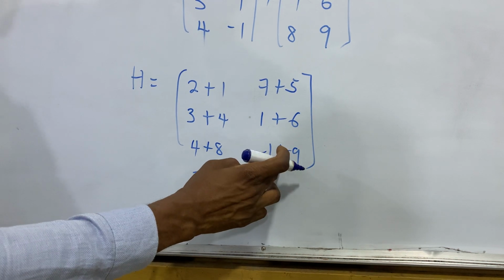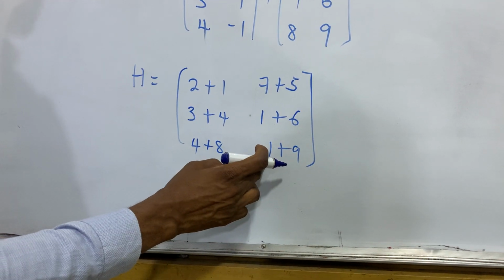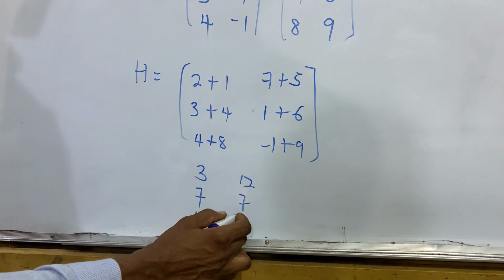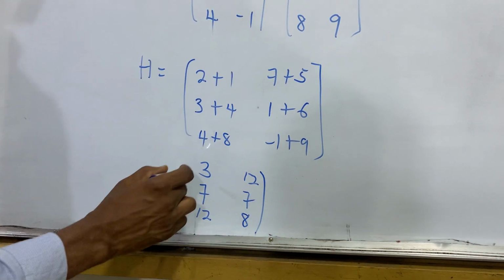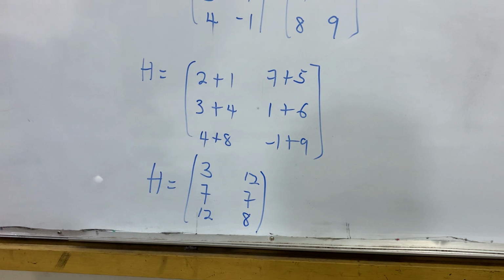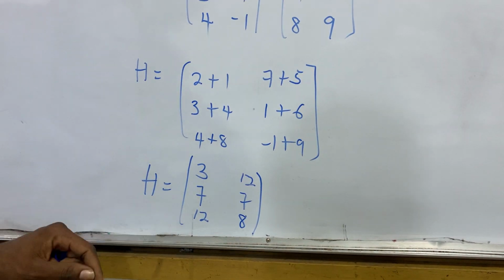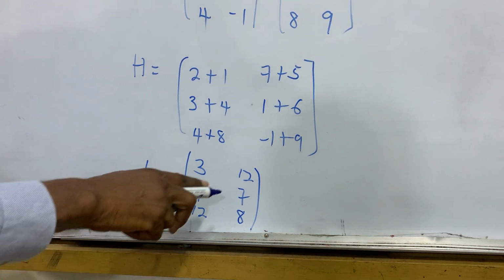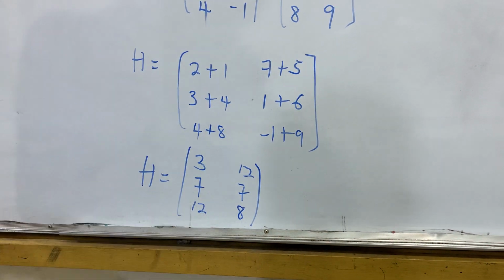Then minus 9 plus 1 plus 9, we get 8. So the matrix equals 3, 7, 12, 12, 7, 8.